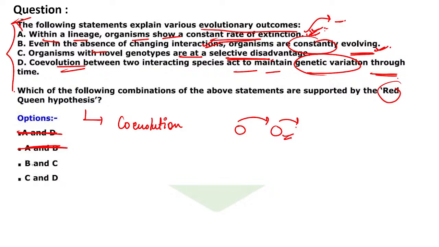This one is correct. Then option C, novel genotypes are at selective disadvantage. This one is also correct. Last is co-evolution between the two species maintaining different genotypes through time. So B and C are correct for this particular question, right? So the answer is C.